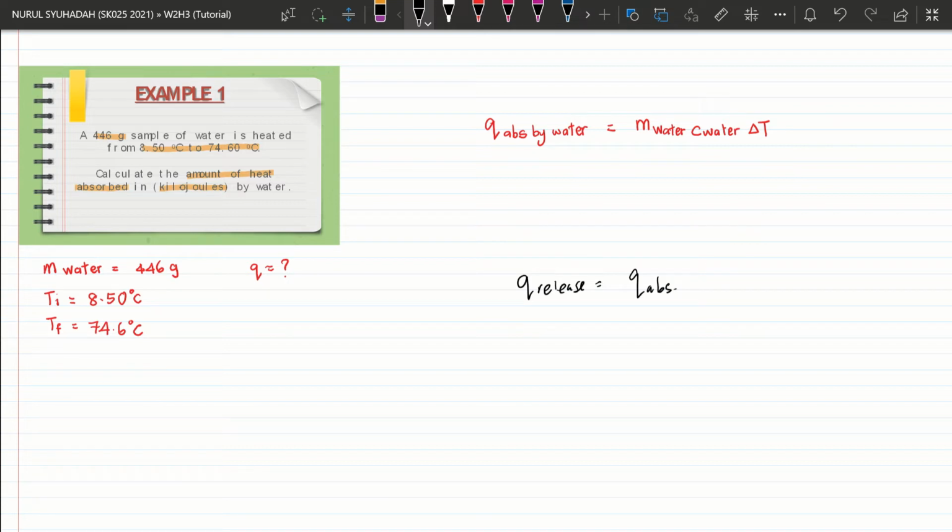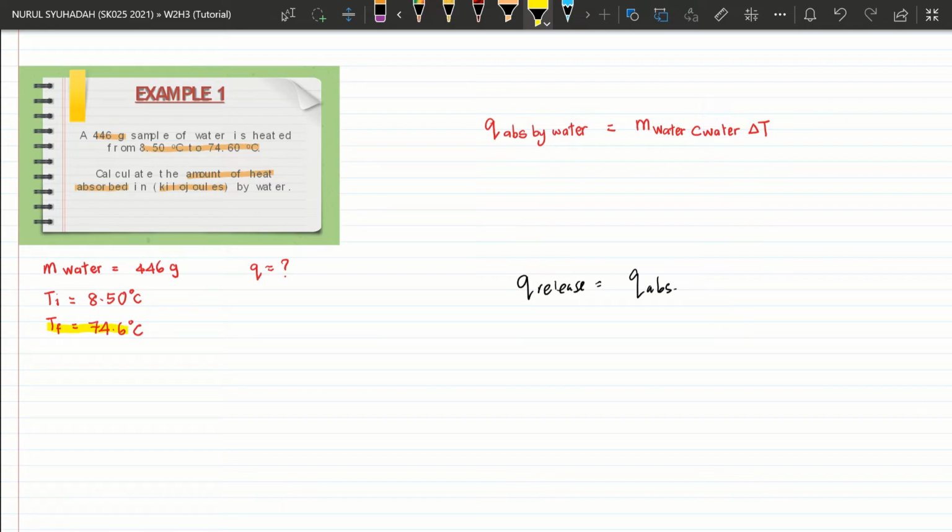How do we know whether the reaction will release heat or absorb heat? The way of knowing is by checking the final temperature. Analyze the final temperature. Our final temperature here is 74.6.